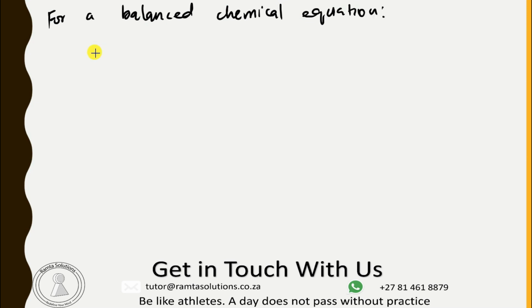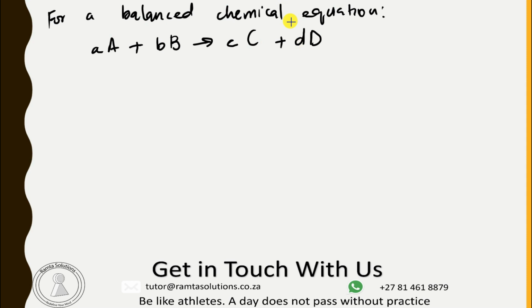Let's say we have small a, capital A, plus small b, capital B, giving us small c, capital C, plus small d, capital D. So this is your balanced chemical equation.